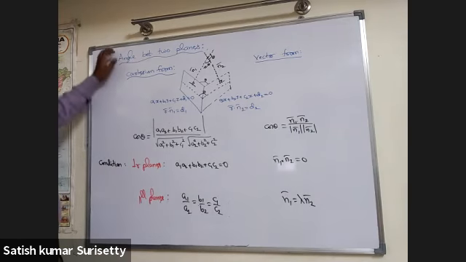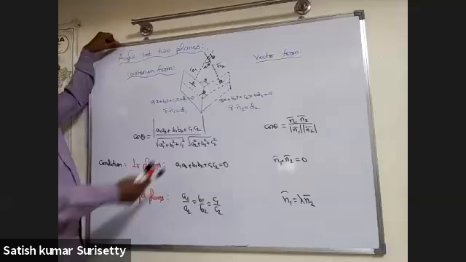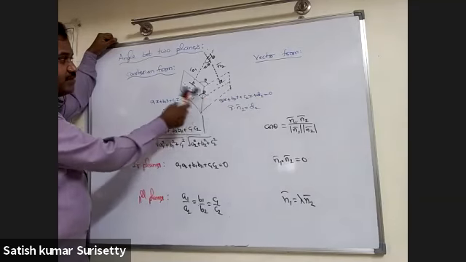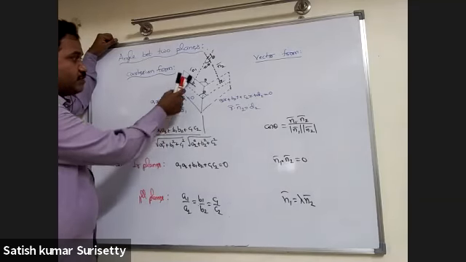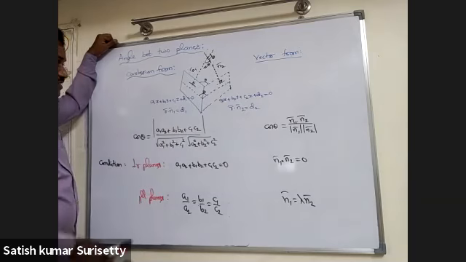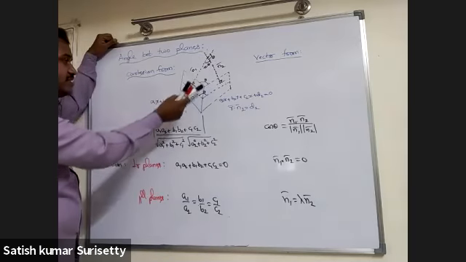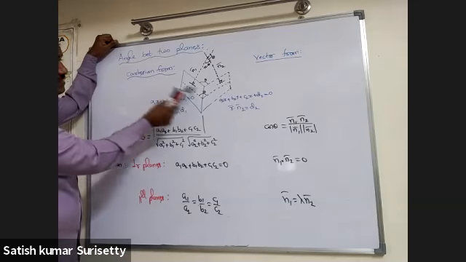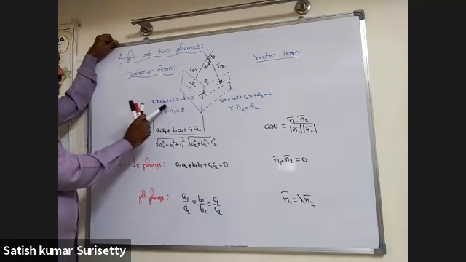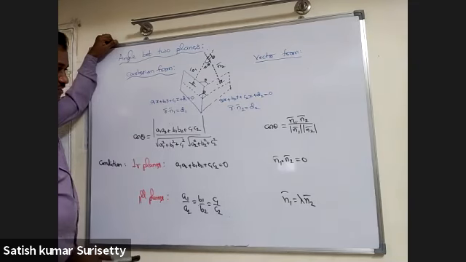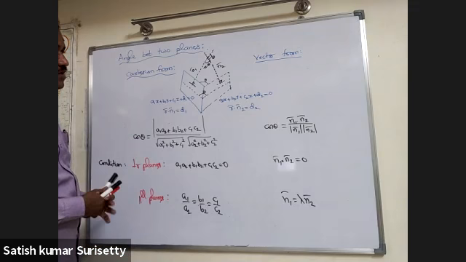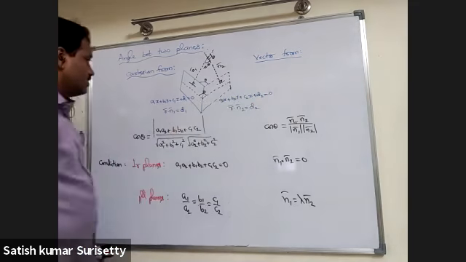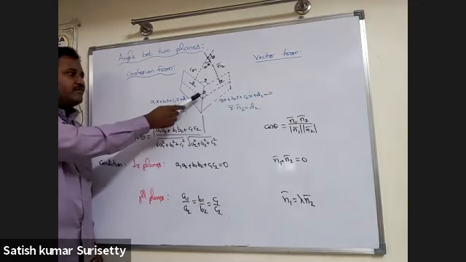So, the angle between two planes in Cartesian form and vector form. The angle between the two planes is the same as the angle between the corresponding normal vectors. So if theta is one angle, then pi minus theta will be the other angle. If I take the equation of the planes in Cartesian form as a1x plus b1y plus c1z plus d1 equal to 0 and a2x plus b2y plus c2z plus d2 equal to 0, then theta is the angle between them.